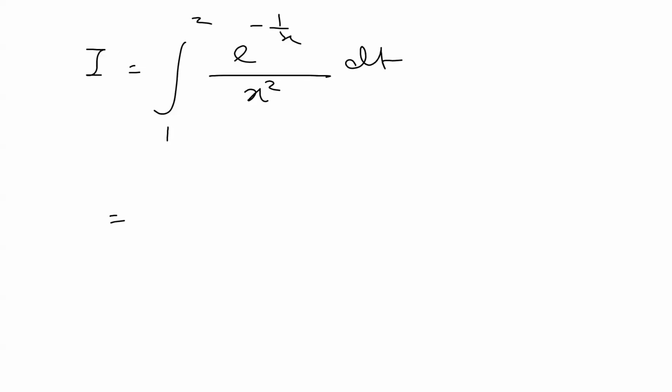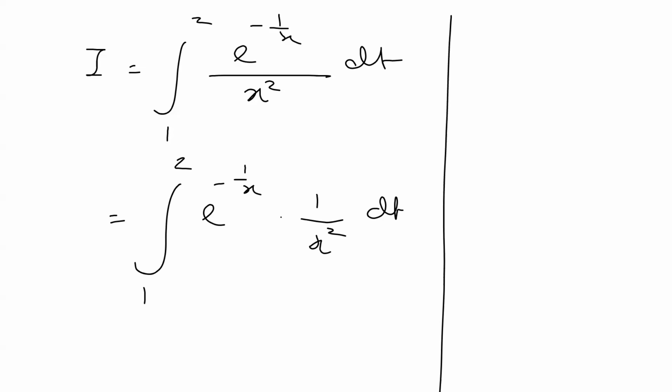Next, integral 1 to 2 of e raised to minus 1 upon x square dx. You can write this in this manner, e raised to minus 1 upon x into 1 upon x square dx. So here two options are there. You can also put 1 upon x as t or minus 1 upon x as t.